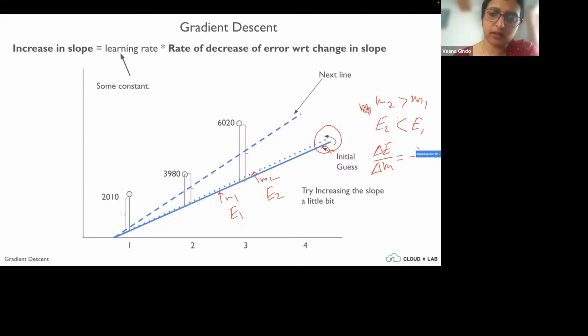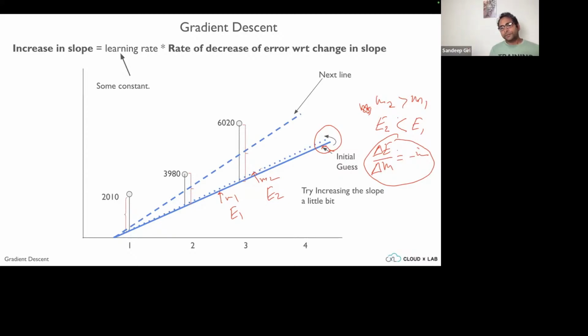What we want is to go in the direction where the rate of change of error with respect to M is negative. We want to focus on decrease of error with respect to increase in slope. Delta E by delta M is the increase in error with respect to increase in slope.